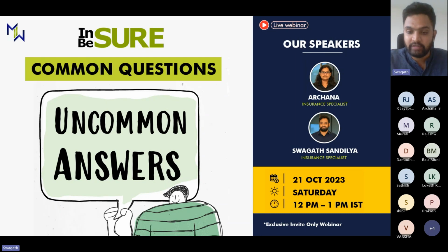Instead, take two separate policies and have something separately for them. That's very much advisable, and you can use it for them only. That will be a cost-effective option for you as well as your parents. And when there is a claim, at least their needs are taken care of. So do not include your parents in your policy. Instead, take something outside separately.